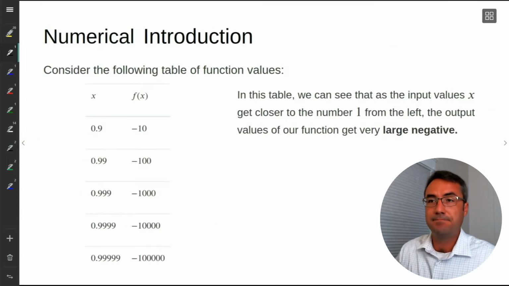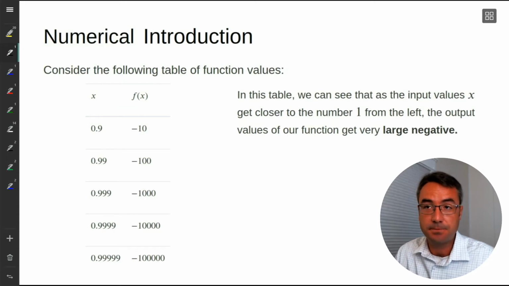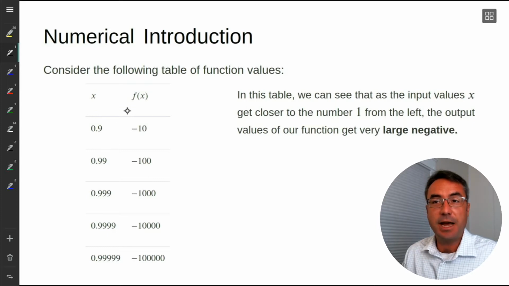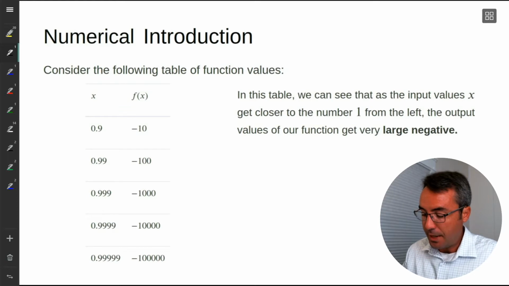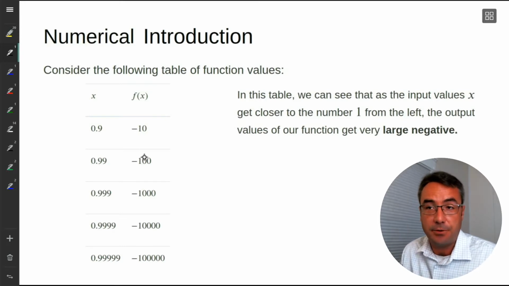Now for a numerical approach, where we have a table of values, here we have this function f of x, and we have some of the function values. In the x column, these are our input values, and over here, these are our output values.